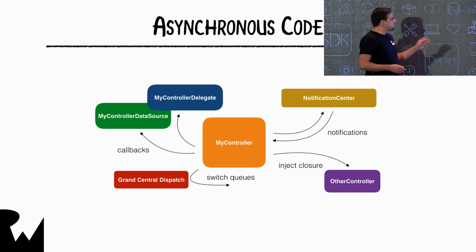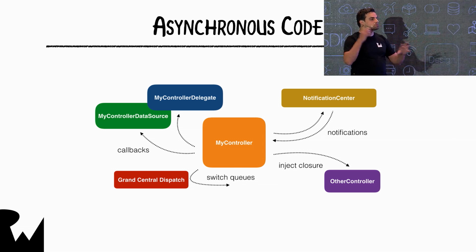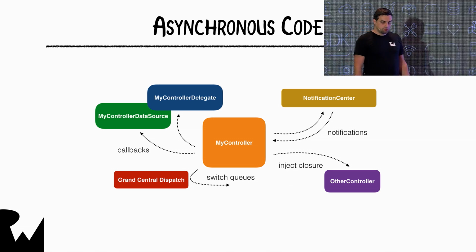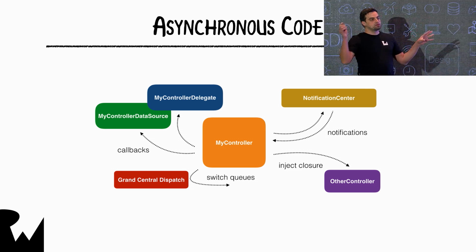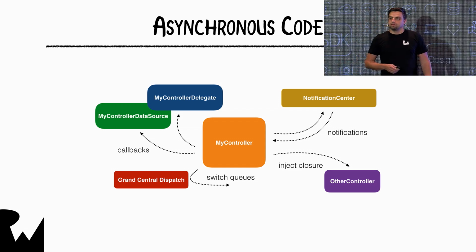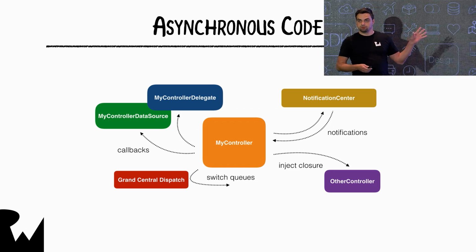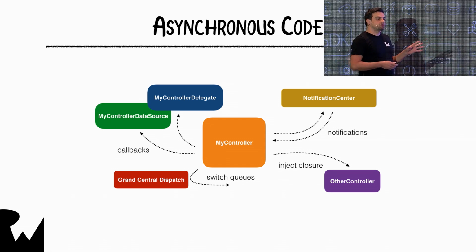So we have Notification Center, we have Grand Central Dispatch, we have closures, which you can pass around in any kind of way you want. We have all these delegate patterns, data source patterns. We have so many things, and they all work in a kind of different way. So in a full-fledged app, most probably you're going to use all of them in your code. And that's the thing: it gets complex when you have to use so many different APIs that work differently.